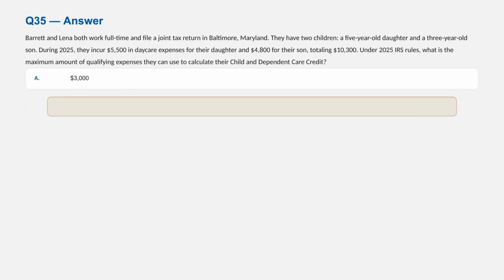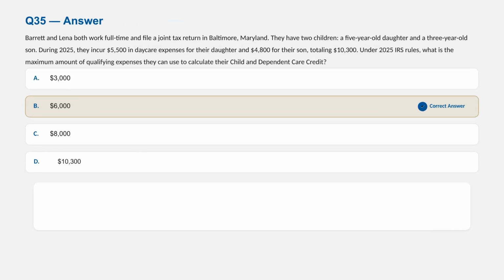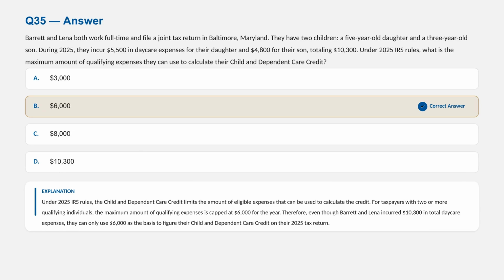The correct answer is B, $6,000. Under 2025 IRS rules, the Child and Dependent Care Credit limits the amount of eligible expenses that can be used to calculate the credit. For taxpayers with 2 or more qualifying individuals, the maximum amount of qualifying expenses is capped at $6,000 for the year.